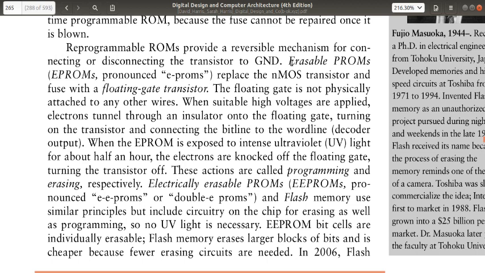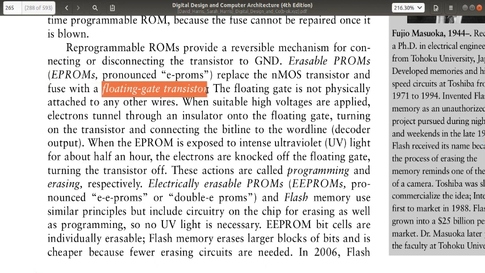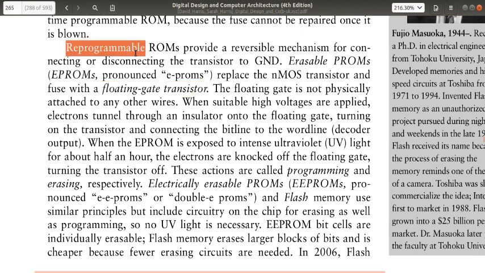And then came the erasable ROM, EPROM. So in EPROM, what happened is that instead of the fuse, they used a floating gate transistor. So this was a sort of reprogrammable ROM. In a regular PROM, that is a programmable ROM, you could only program it once.